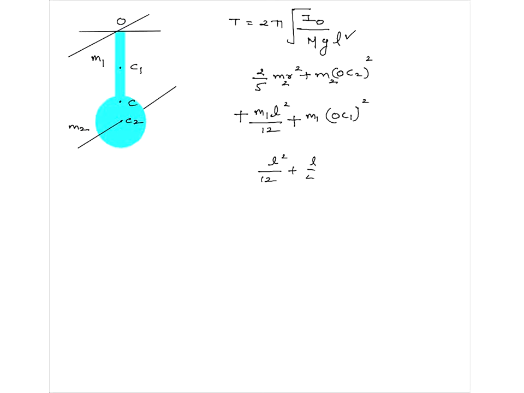So L by 2 square, L square by 4. Yes, it will be 1 by 3. OC1 is L by 2.